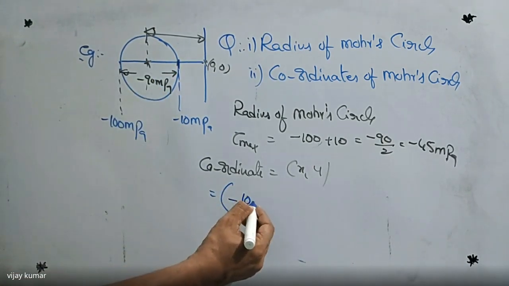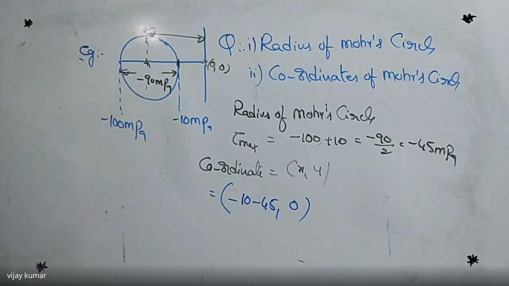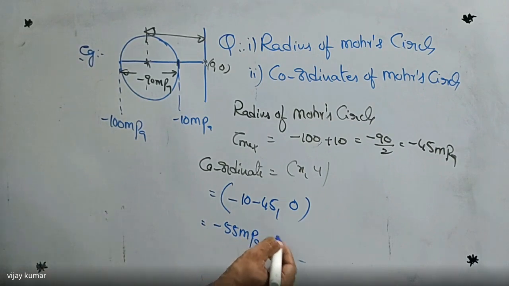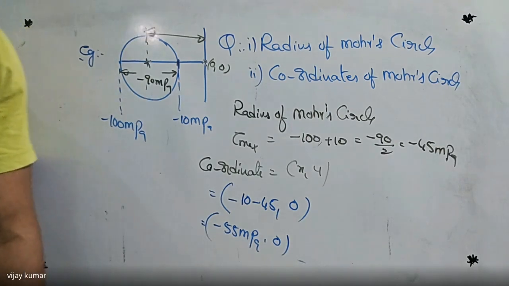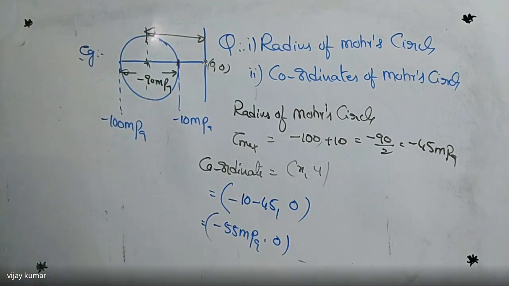So minus 10 minus 45 comma 0. There is no y on the x-axis; the y value is 0 on the x-axis. So the value you get is minus 55 megapascals comma 0, which is the coordinates of the Mohr circle. Did you get my point? Coordinates of the Mohr circle. Did you get it or not?